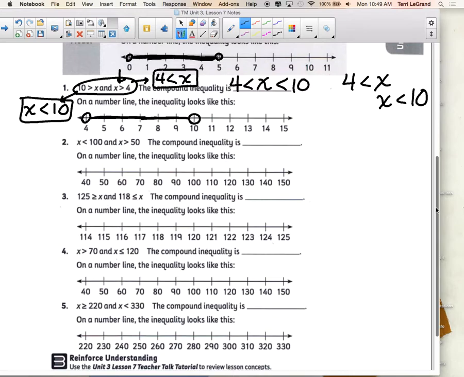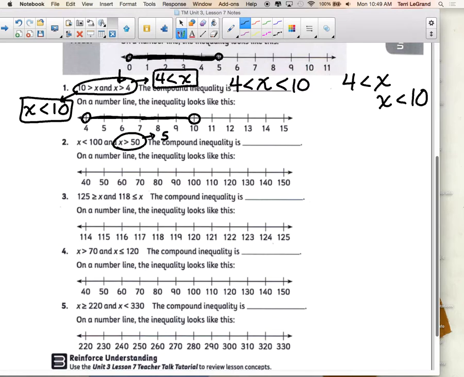Number 2. Okay, x is less than 100, and x is greater than 50. Which endpoint is smaller? Which endpoint needs to be at the left end? 50. So here's our x is greater than 50. Is it on the left side right now? No, so we're going to rename it.